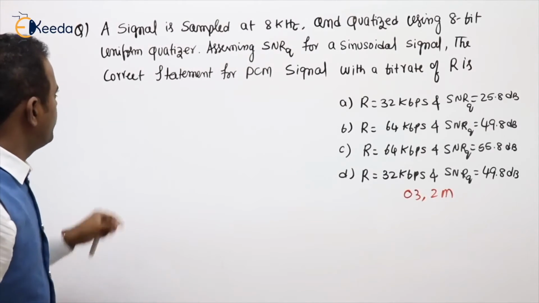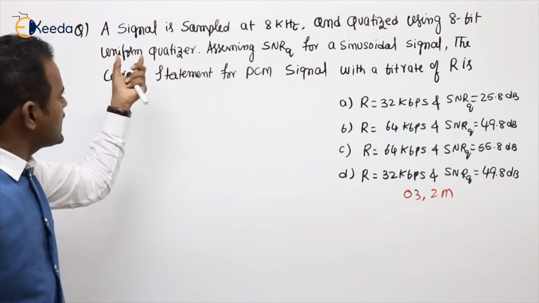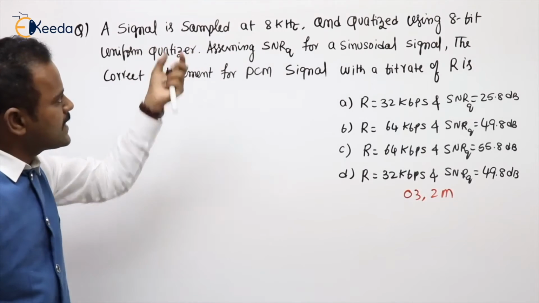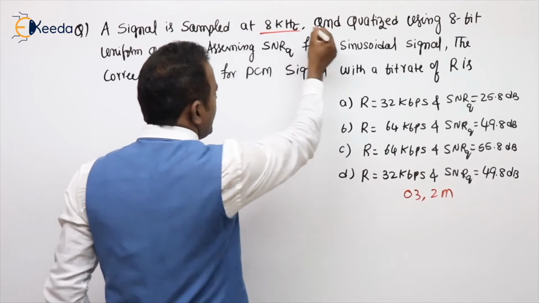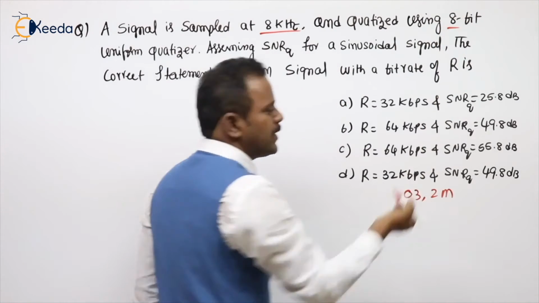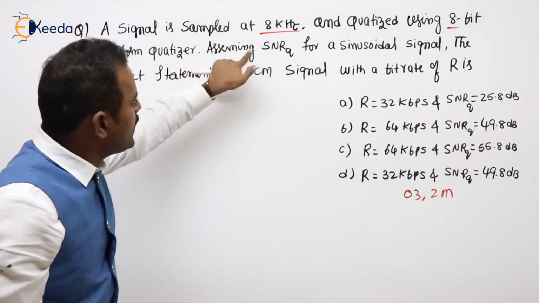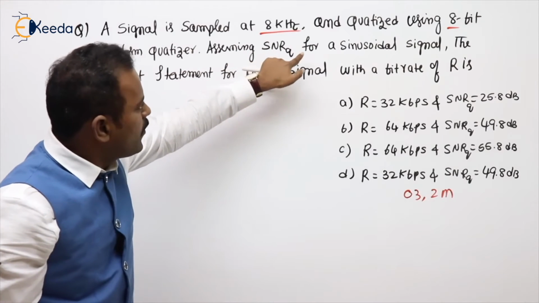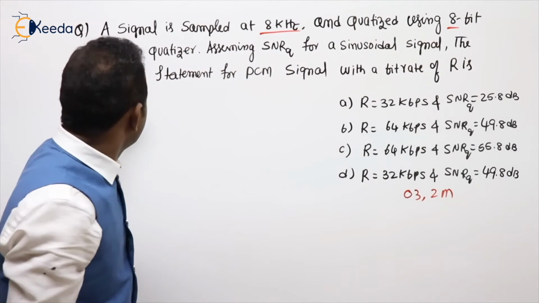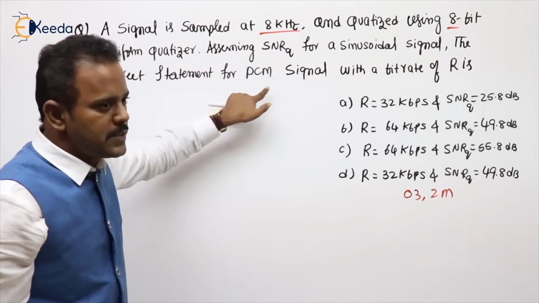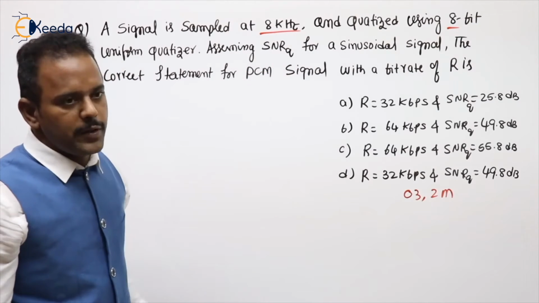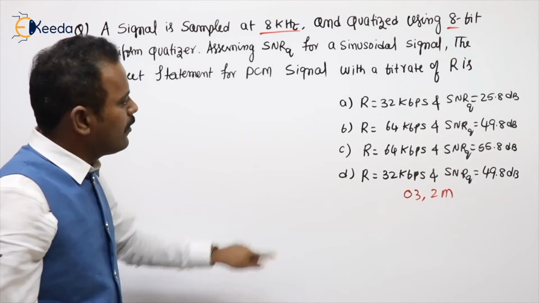See the next problem. A signal is sampled at 8K and quantized using an 8-bit uniform quantizer. Assuming SNR for a sinusoidal signal, the correct statement for a PCM signal with bitrate of R is given in the options.